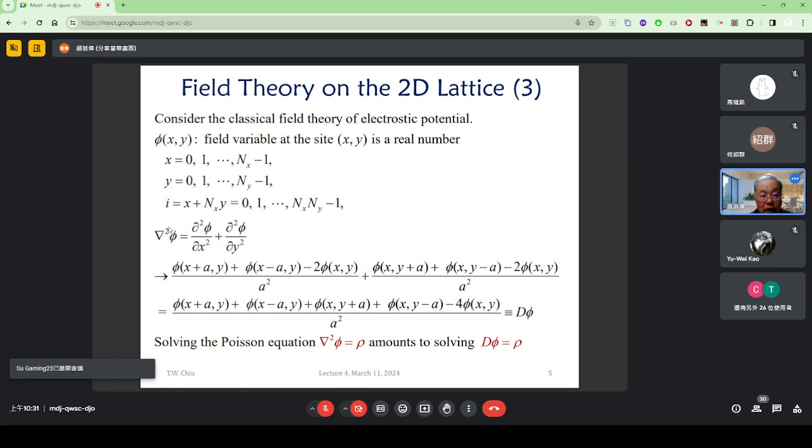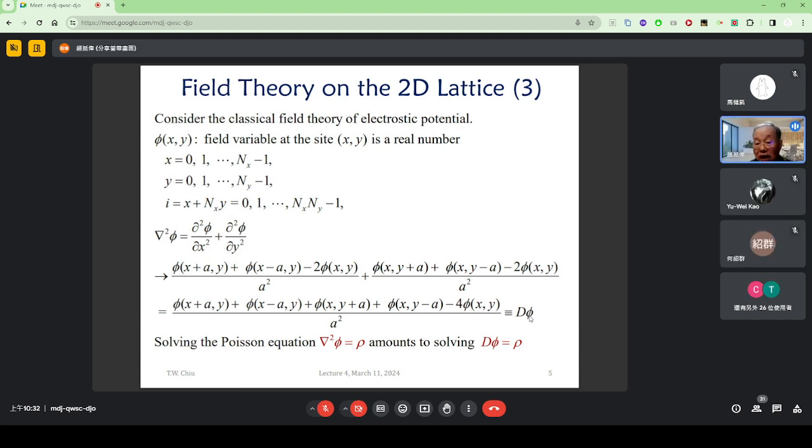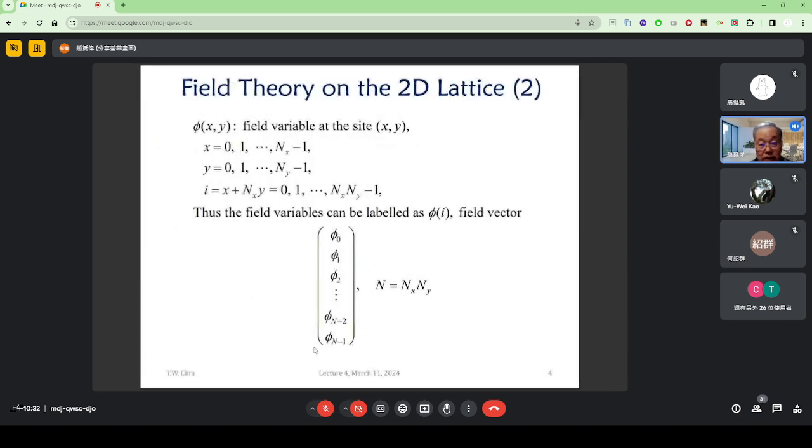So this Laplacian of phi, put in this discrete form, amounts to a matrix multiplying the phi. Phi is the phi vector. You can see here, this is the phi vector.